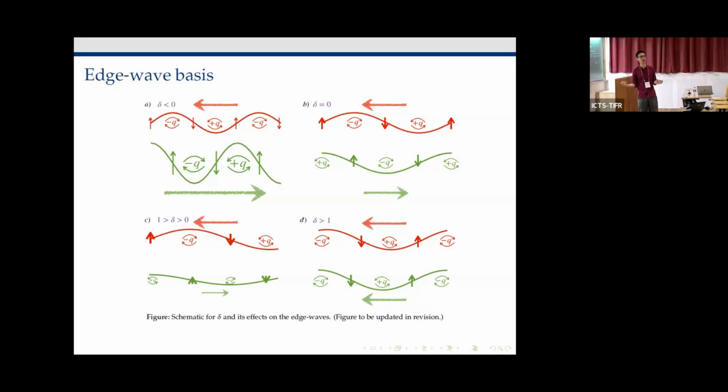So you can't arbitrarily go to small K. You can arbitrarily go to larger K in the delta negative case, but in the positive case, you cannot do that because of this additional constraint on the phase speed. In the delta positive 1 case, then you no longer have counterpropagation, so there is no instability, because your PV gradient essentially is reversed.